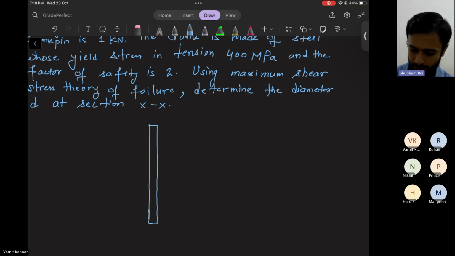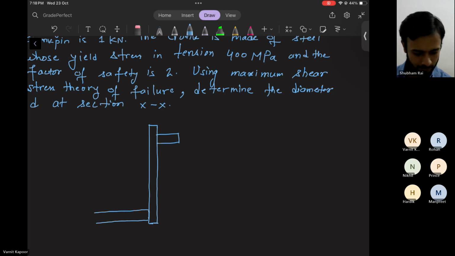This is the overhang crank, and this is the part of the crank pin where the force is acting. And here you have an extension. You have to determine the diameter at this section only.